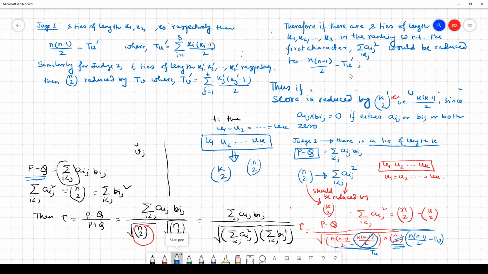So tu dash, where tu dash is equal to summation i from 1 to s, ki into ki minus 1 by 2.